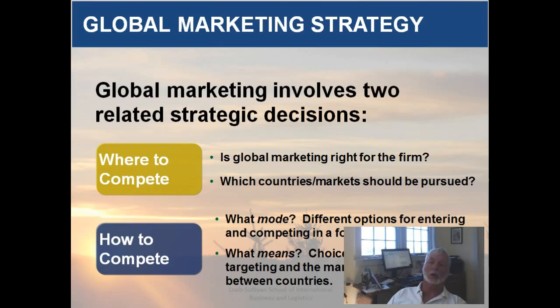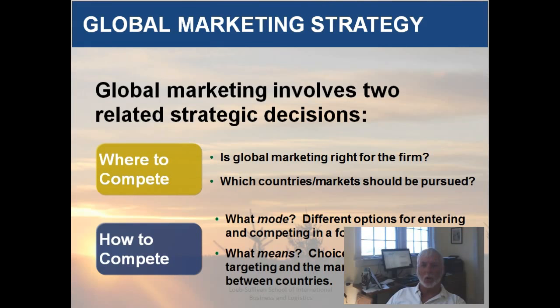So the first thing you have to decide is, should you go global? Should you go international? Is it the right thing for us to do as a firm? And if we do go global, where should we go? Which countries should we go to? And we need to prioritize. We can't go everywhere all at once.